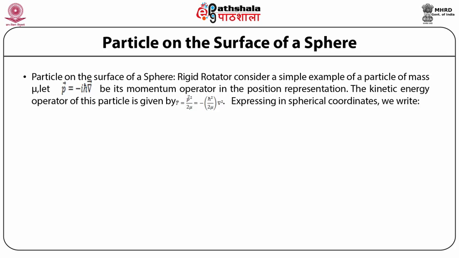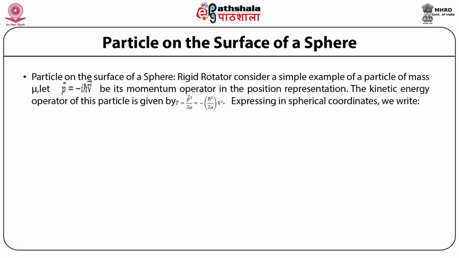So in order to study the rigid rotator, let us consider a simple example of a particle of mass mu, and let the linear momentum operator be defined as minus i h cross times del. That is, the momentum operator is defined by the above equation in the position representation or the Cartesian coordinate representation.